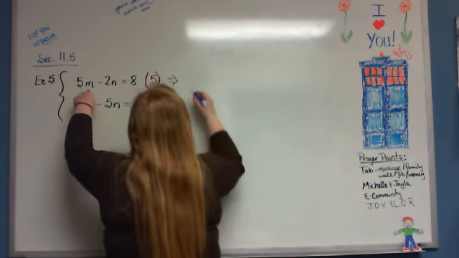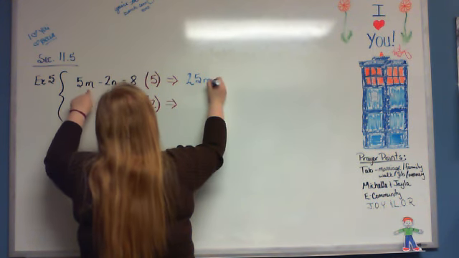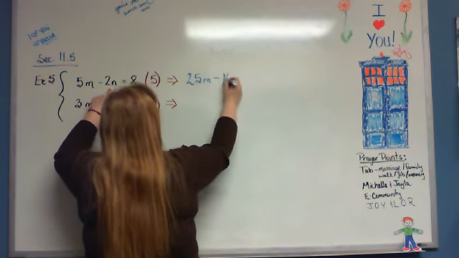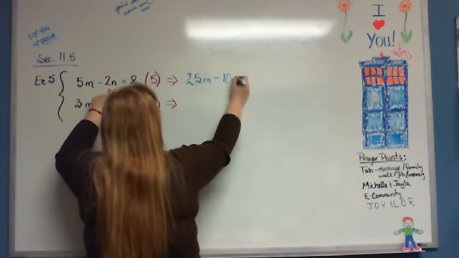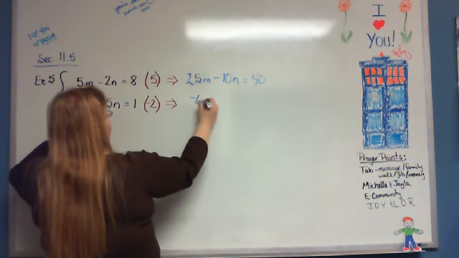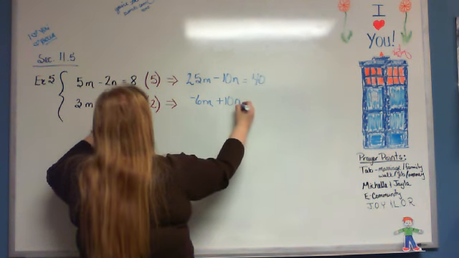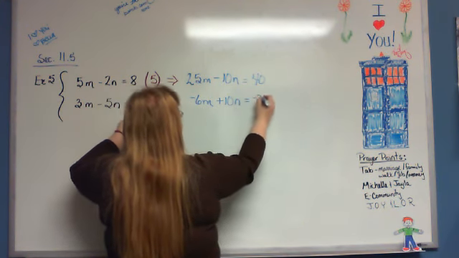On top, you get 25m minus 10n equals 40. On bottom, you get negative 6m plus 10n equals negative 2.